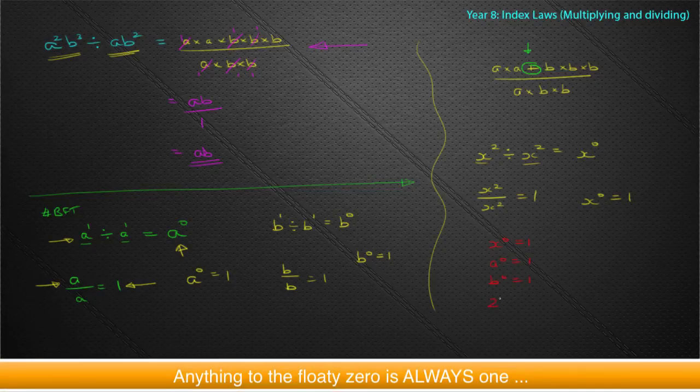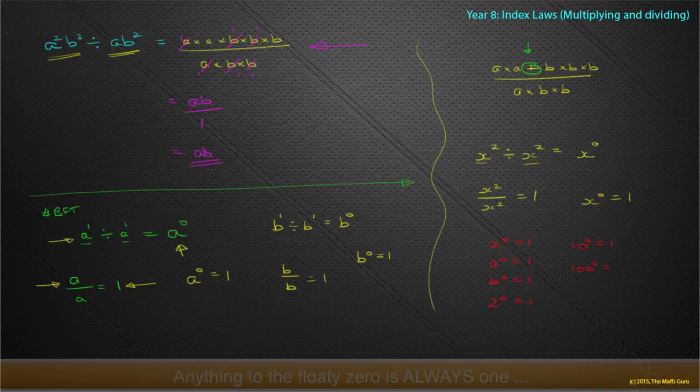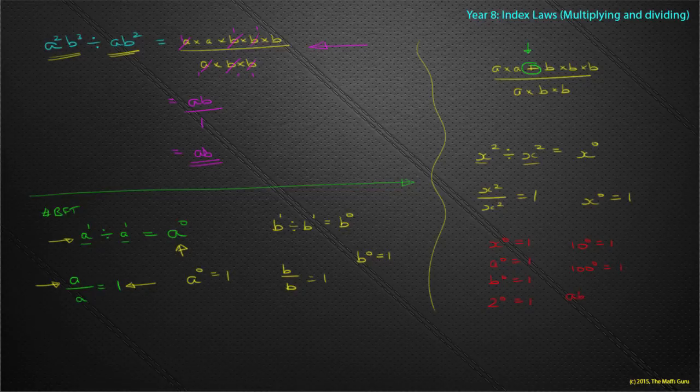If I told you that 2 to the floaty 0 was 1, and 10 to the floaty 0 is 1, and 100 to the floaty 0 is 1, and a, b, c in brackets all to the floaty 0 is 1, there is a trick. Anything to the floaty 0 is always equal to 1. Hurrah! Big trick. Remember.